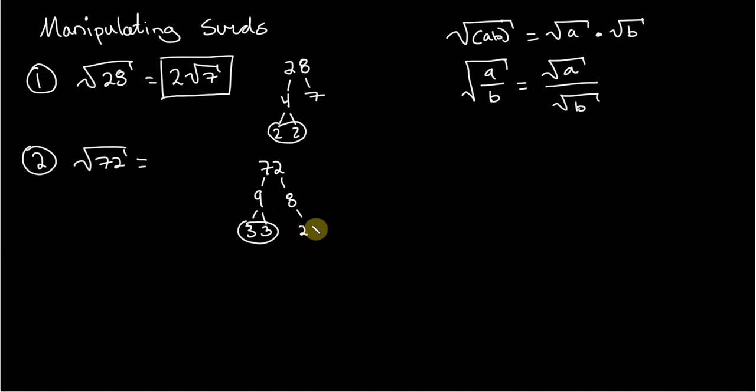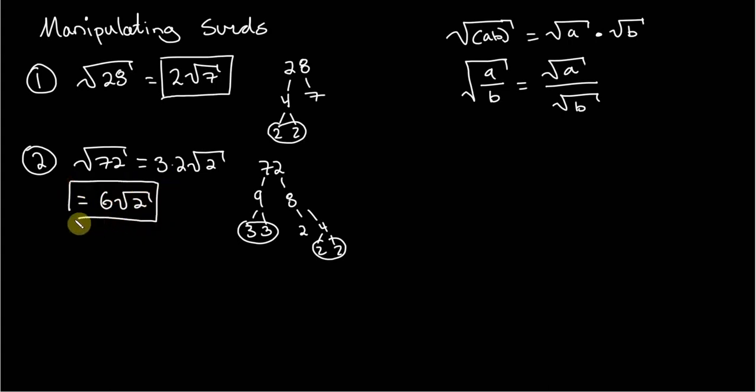And then this 8 we can factor as a 2 and a 4 and then a 2 and a 2. Okay, so we can factor out a 2 and a 3. So 3 times 2 root 2, right? Because we're left with this 2. And then that's of course just 6 root 2. Okay, and so we've simplified that as much as we can.